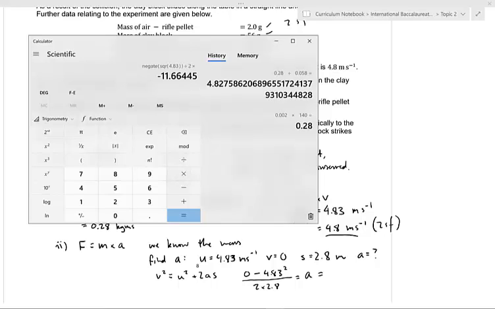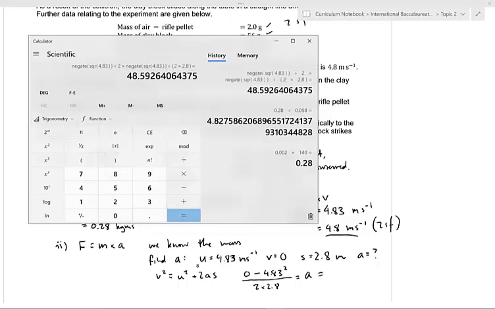We need a bracket there. I'll have to start again. So we go 4.83 squared negative divided by 2 times 2.8, which gives us 48.59. That seems quite big.